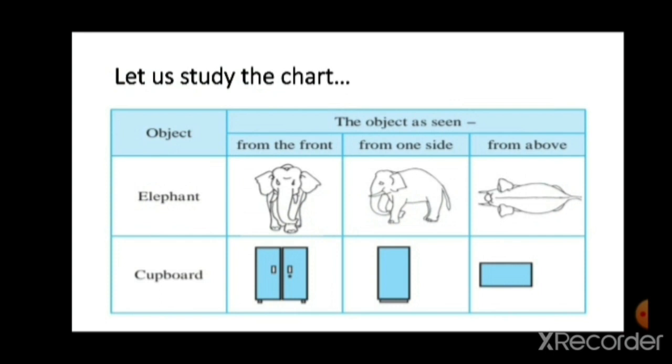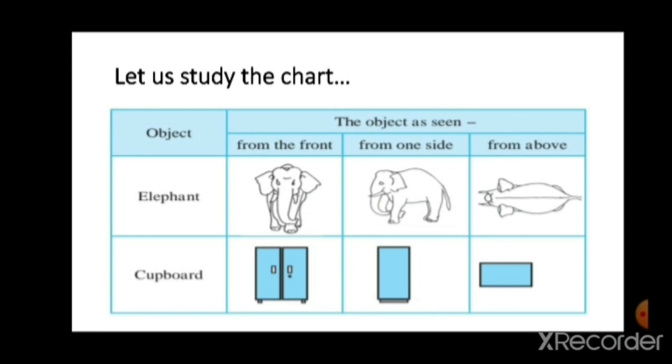Then the next example is a cupboard. The first image shows you the front view of this cupboard. The second image shows you the side view of this cupboard, and the last image shows you the surface of this cupboard from above.